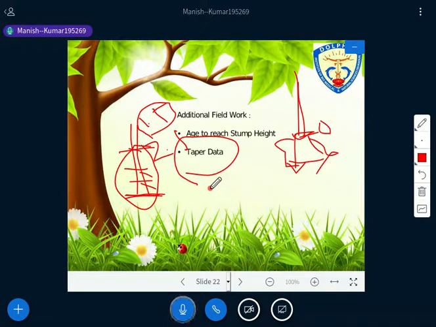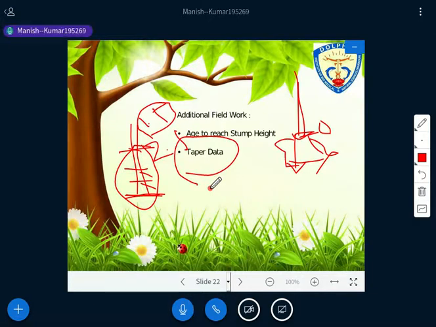Diameter under bark also needs to be calculated at stump height. Is it clear? You need to convert this diameter under bark to diameter over bark at breast height. Listen carefully, all the steps. First we need to convert the diameter under bark at stump height to diameter over bark at breast height. Is it clear?